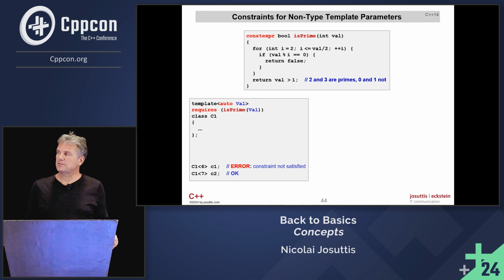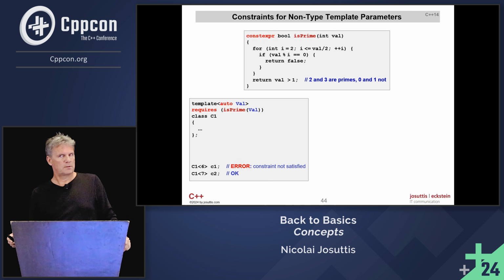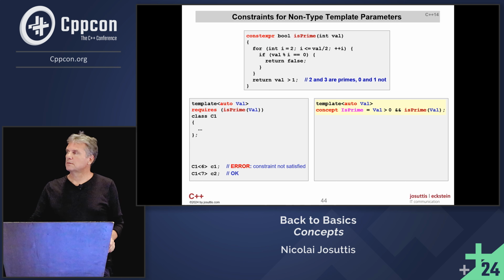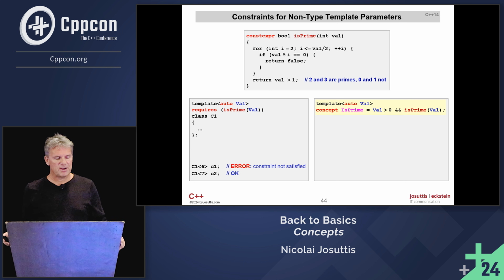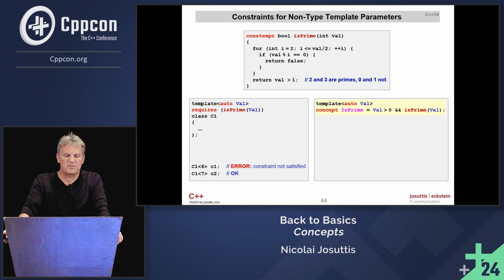And then the question is, can I have a concept for that? Yes, you can. So can I give this requirement a name? Yes. Here's how you do that. For a generic value, the concept is prime checks if the value is greater than 0 and is a prime number using the CppCon function above.